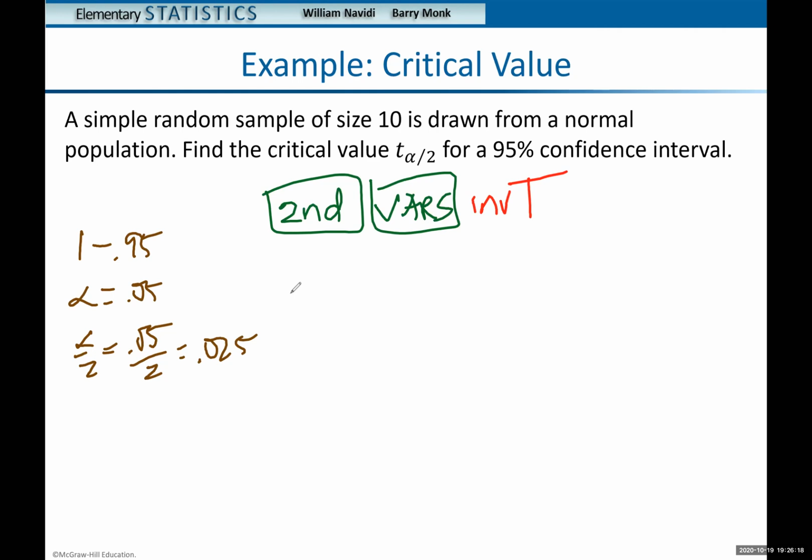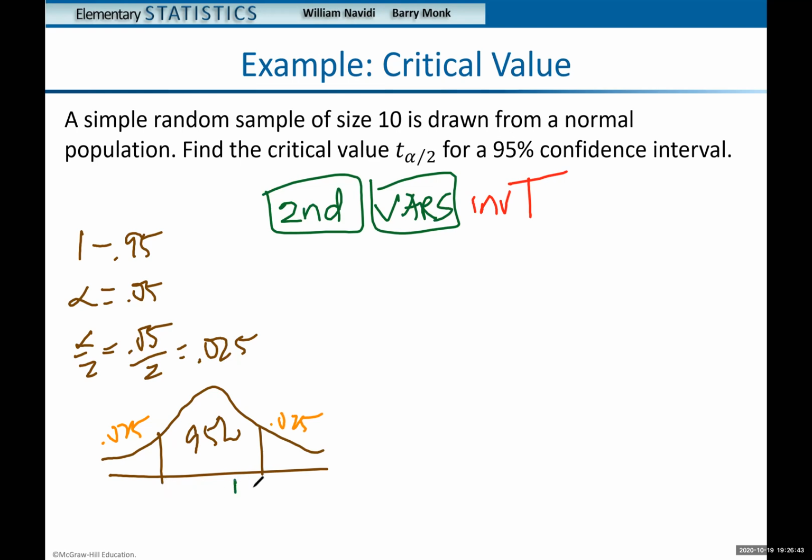So when you think about t alpha over 2, if this is 95%, this is 2.5%, this is 0.025, and we want negative t alpha over 2 and t alpha over 2.